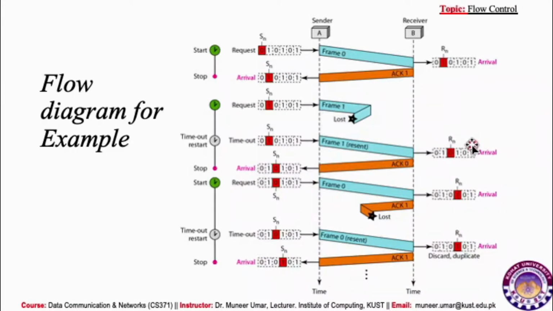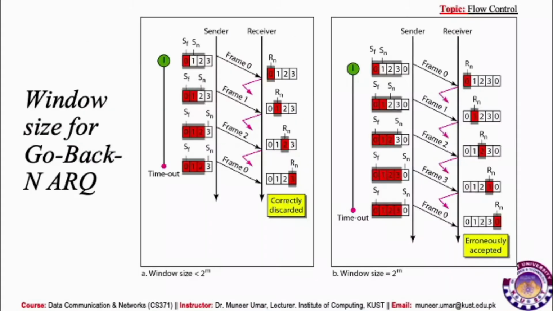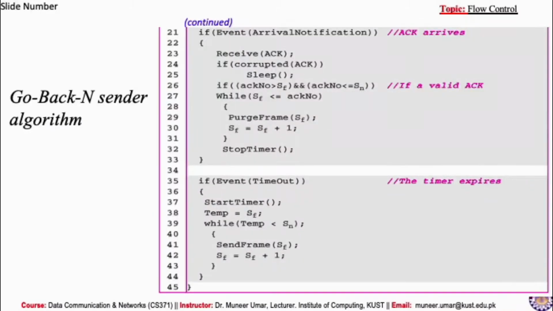There is no droppage of packets, but here the channel is not perfect and some frames may drop. So here a frame is dropped and also an acknowledgement is dropped. So this is possible in a noisy channel. So we are going to study all these in the next lecture.